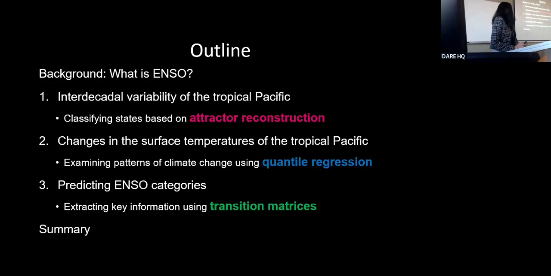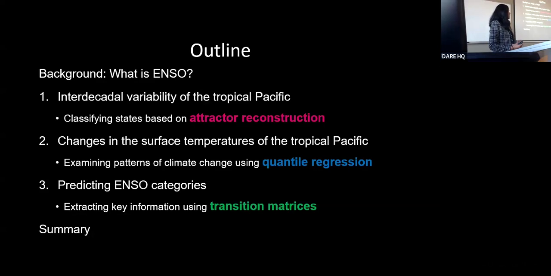So what I'm going to do today is first give you a little overview of the system under study, the El Niño-Southern Oscillation phenomenon. And then touch upon three different projects, which are all very different mathematical framings of the same system.